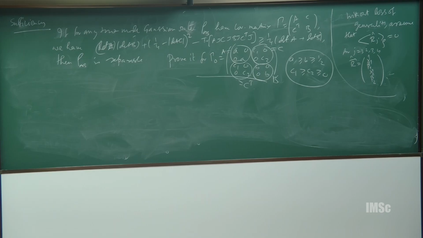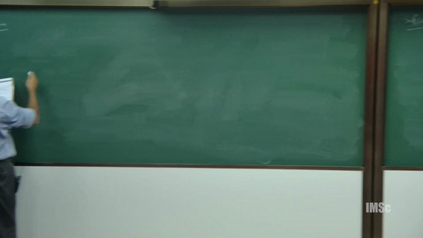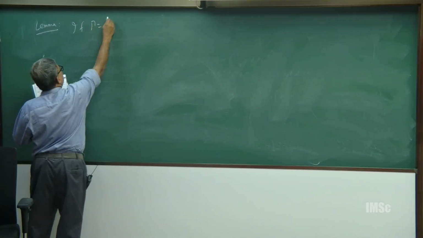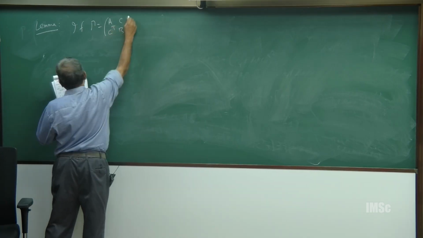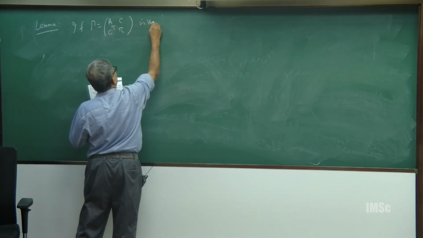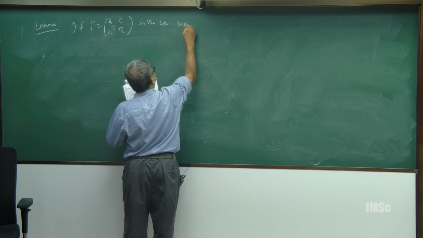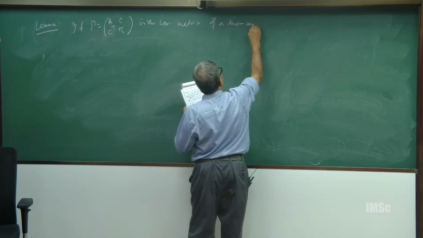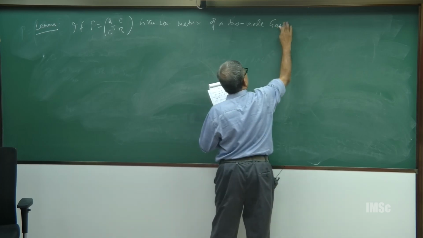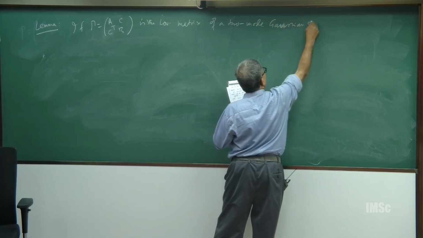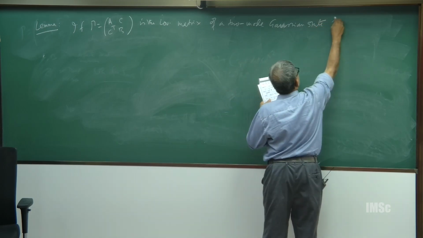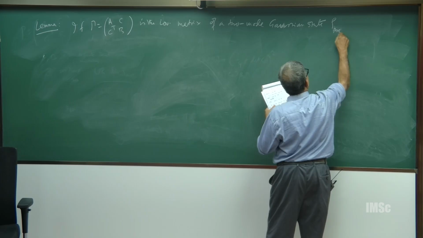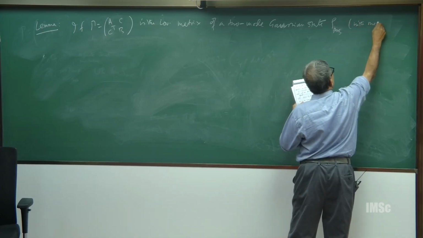So, the thing is, what we need to prove is the following, so this is a lemma. It says that if gamma is equal to A, C, C transpose, B is the covariance matrix of a two mode Gaussian state, rho 1 2 or rho A B, with mean zeros.